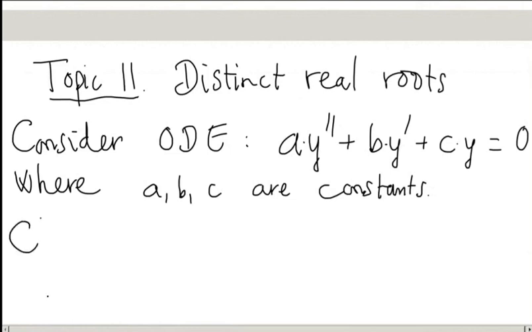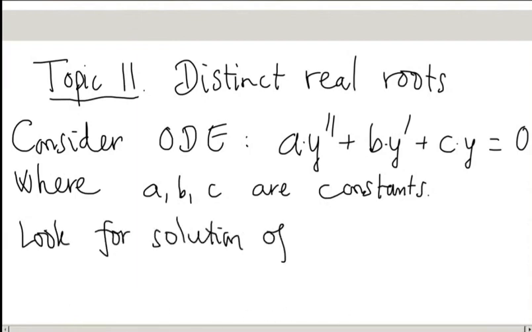Then we have the characteristic equation. To solve this, we look for a solution of the form y equals e to the rx.